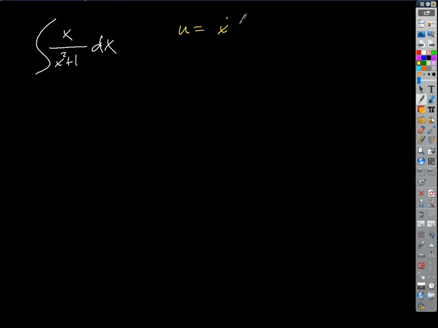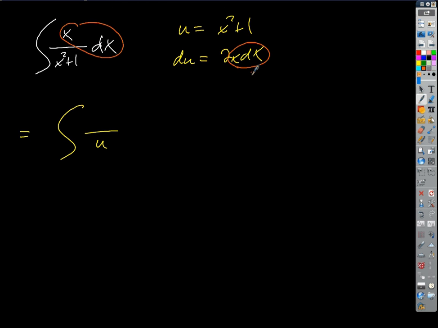So U equals x squared plus 1, which means du is what? 2x dx. Okay, good. So then what's our substitution end up looking like? So we got a 1 over U, right? What about this? We've got this x dx over here that's not accounted for. Good.